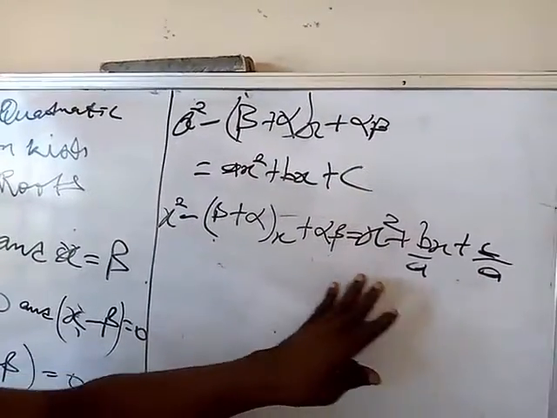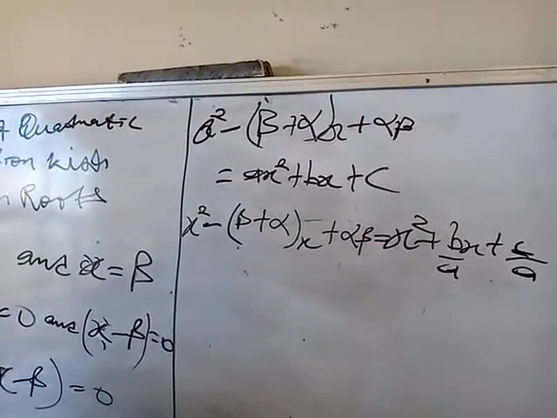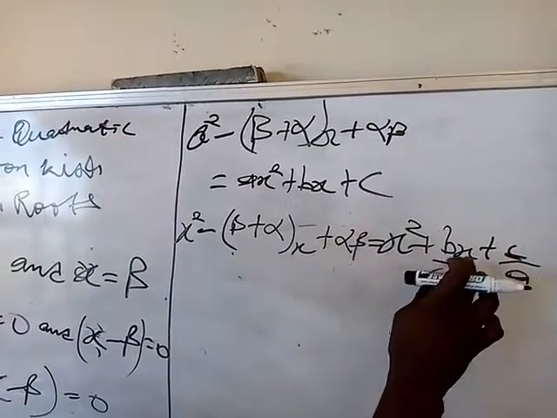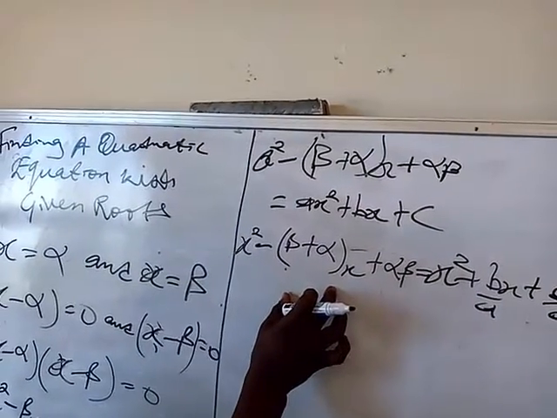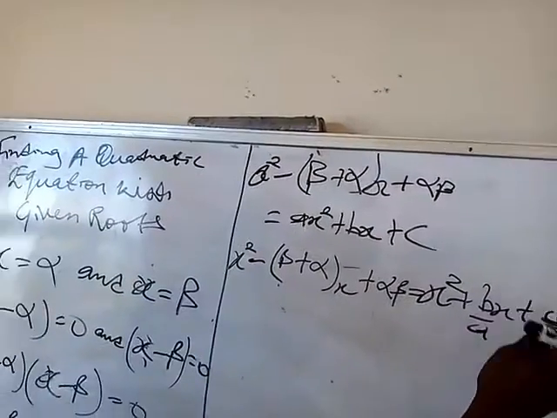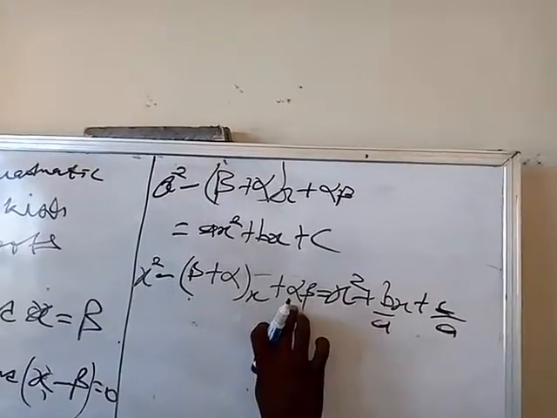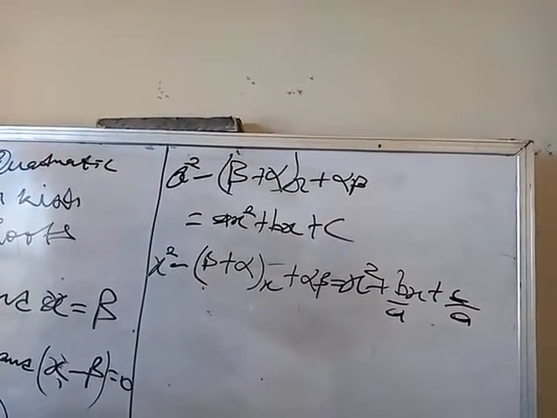At this point they are the same, because b over a is the same as the sum we had initially, and c over a is the product. Now you can equate them.